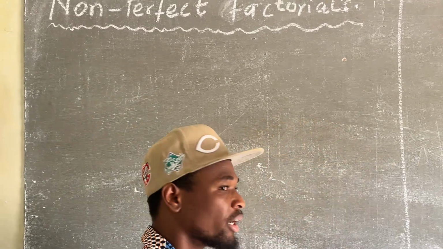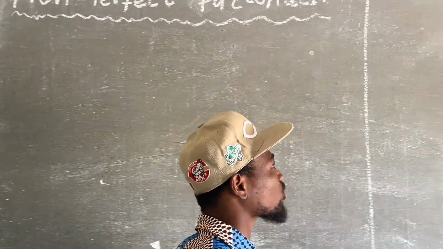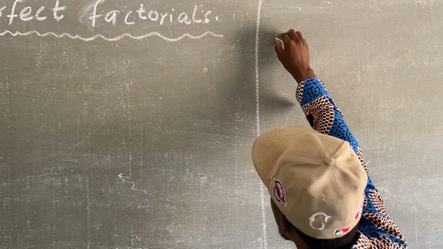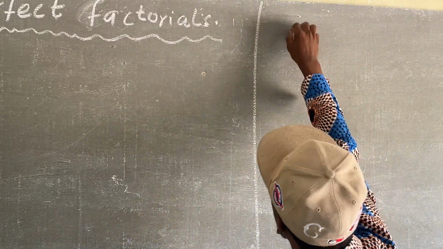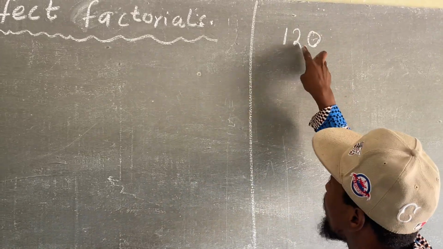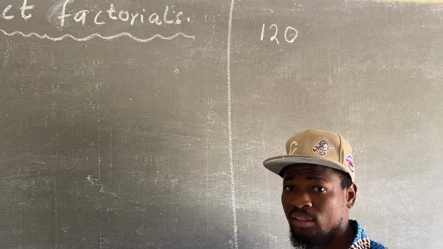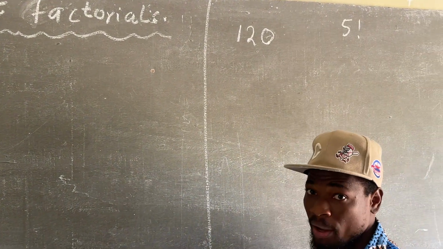To find the backward factorial of a number, say 120, in other words, what is the backward factorial of 120? The number is simply 5 factorial.